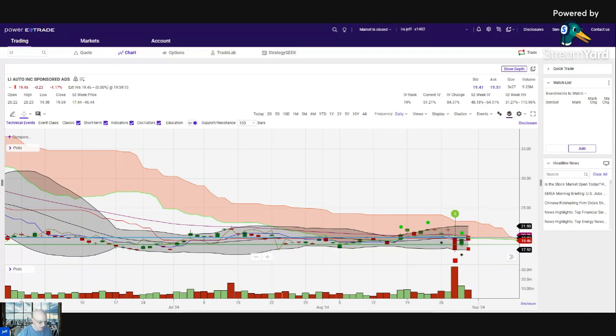A put is the right but not the obligation to sell a stock at a certain price. So, for example, if you own a put at a $10 stock price, you have the right to sell that stock for $10, even if the stock moves down to 5. For example, buy a $10 put on XYZ company, $10 strike, for $1.